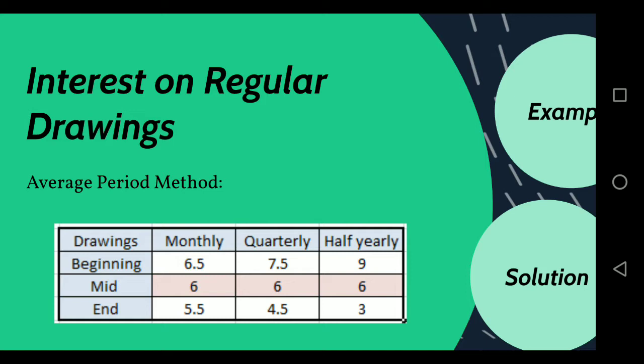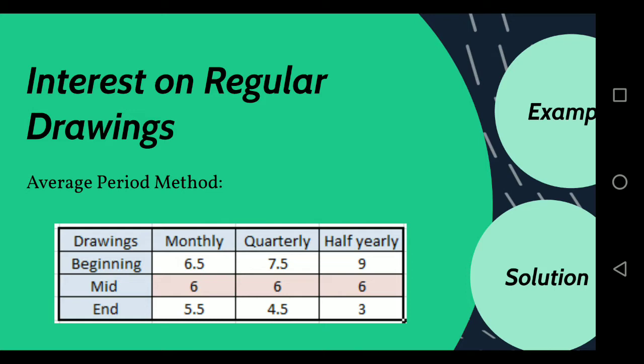In the mid we kept 6. In the quarter case, in the beginning 1.5 is added, that comes to 7.5, and at the end 1.5 is subtracted, so it comes to 4.5. For half year, 6 in the mid, above 3 added, below 3 subtracted. So 6 plus 3, 9, and 6 minus 3 for the end, that comes to 3.